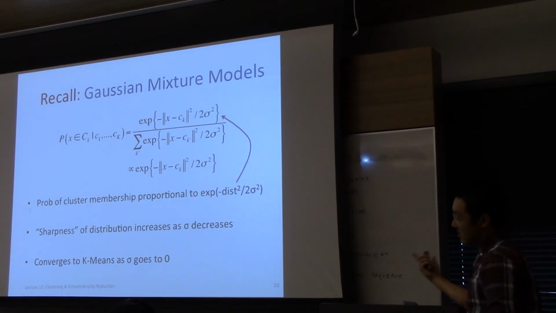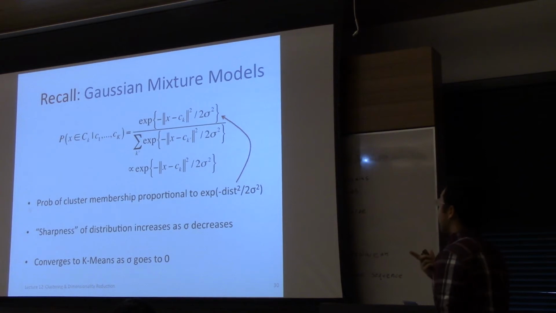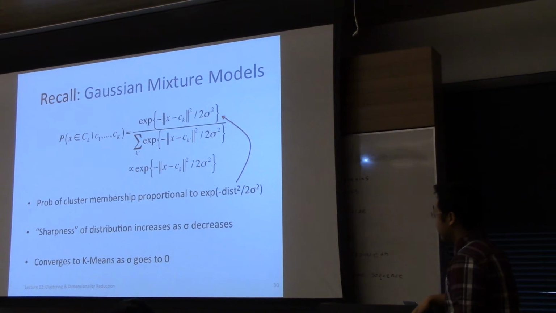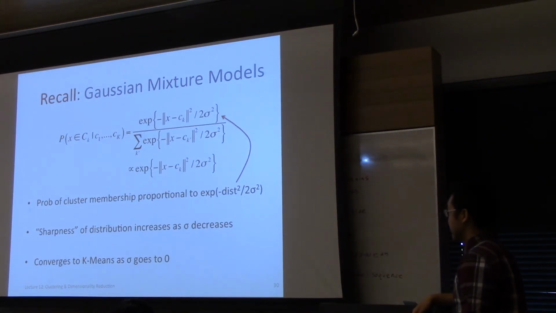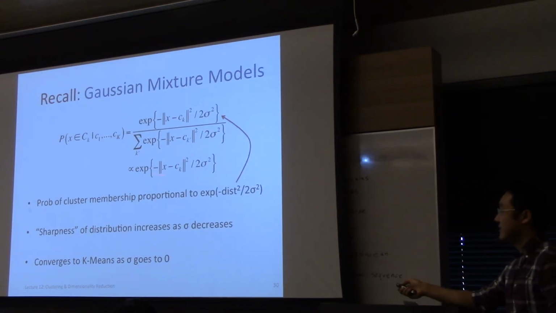It's the simplest one, where the probability that a data point belongs to a certain cluster, given the parameters of the model, which are our cluster centers, is proportional to this ratio. And the sharpness of this distribution, how peaky it is, increases as sigma decreases. And in the limit as sigma goes to 0, this exactly becomes K-means, it exactly becomes hard clustering.